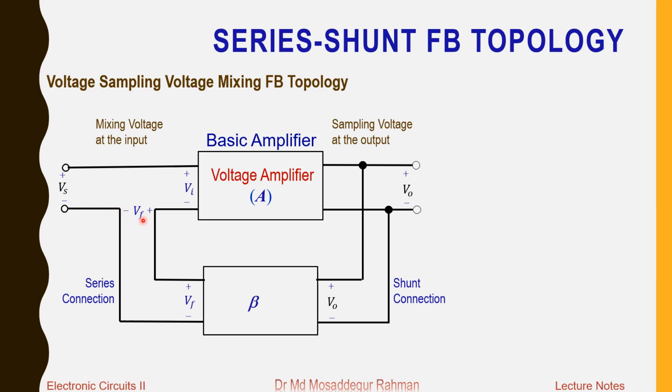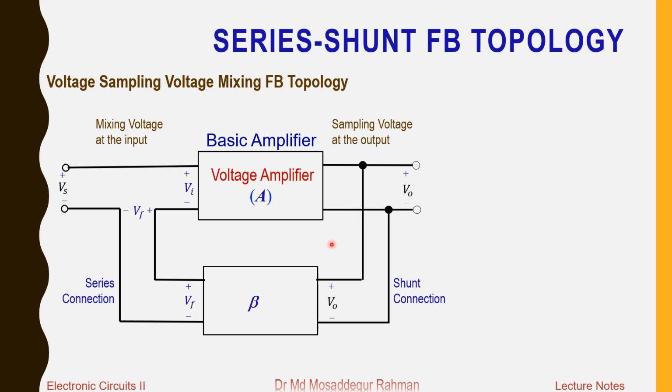The difference between Vs and Vf then goes into the basic amplifier, which amplifies this difference signal Vi. At the output side, the connection is shunt connection, and at the input side it is a series connection. So this type of feedback topology is also known as the series shunt feedback topology.